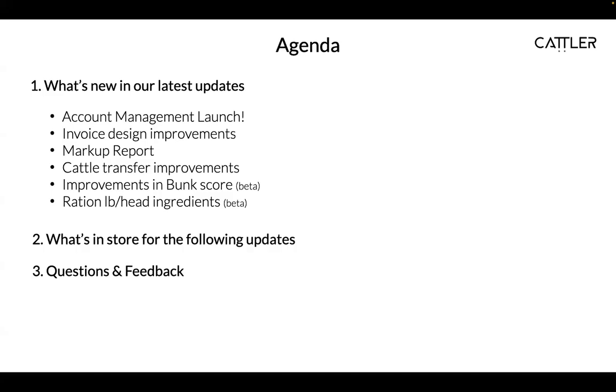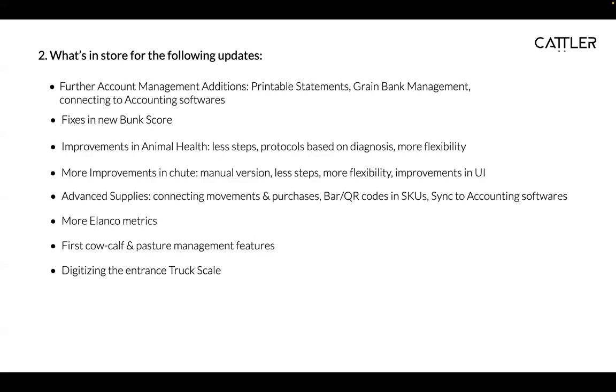What we have in store for the following updates is a little bit aligned to some of the things that we have been discussing in previous webinars, and also that are spilling over this last update.